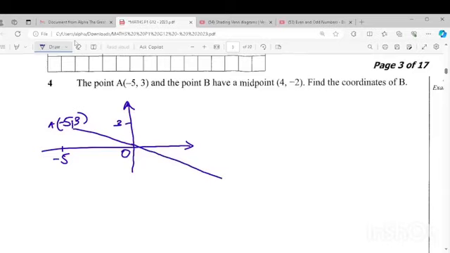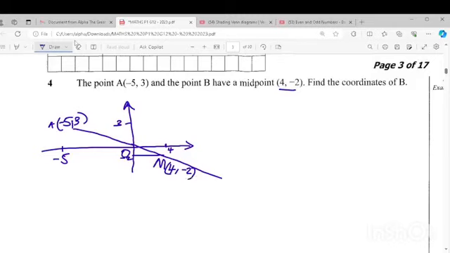The midpoint is just the middle of this line. So we're going to label this (4, -2). We assume that 4 is here, then -2 is here, so the midpoint is here, (4, -2).